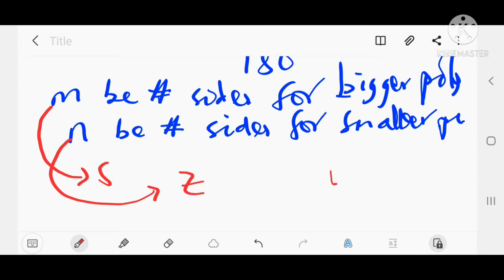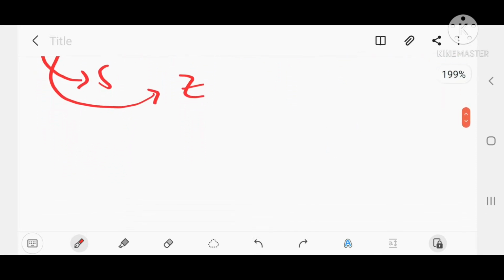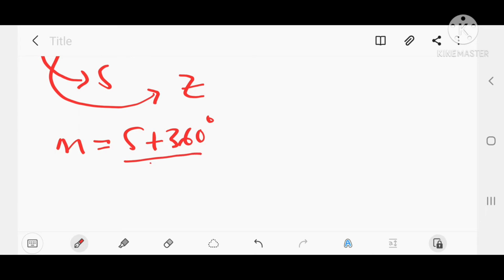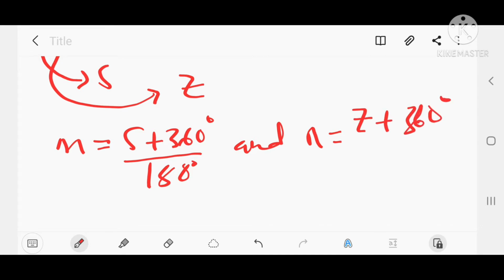So that means that we'll have, for m, m equals (s plus 360 degrees) on 180 degrees, and for n we have (z plus 360 degrees) on 180 degrees.